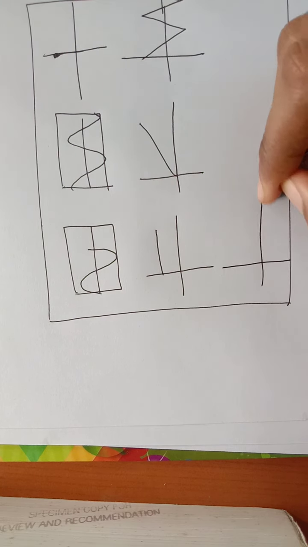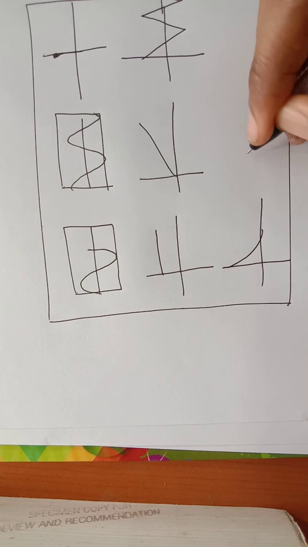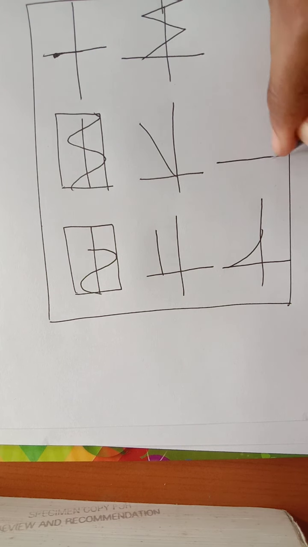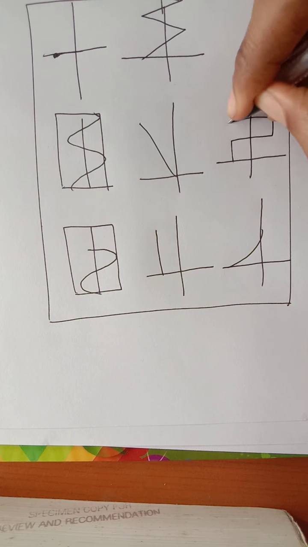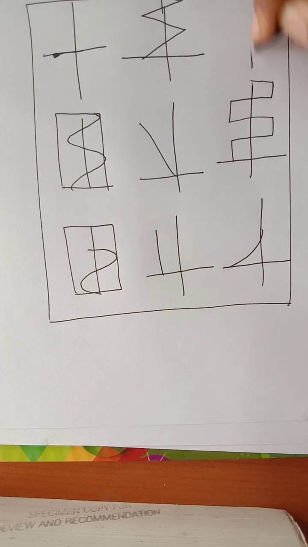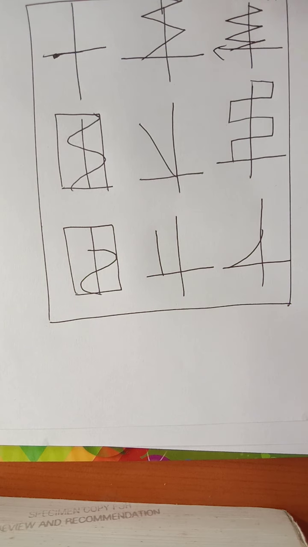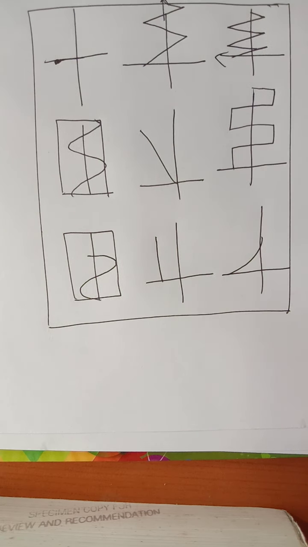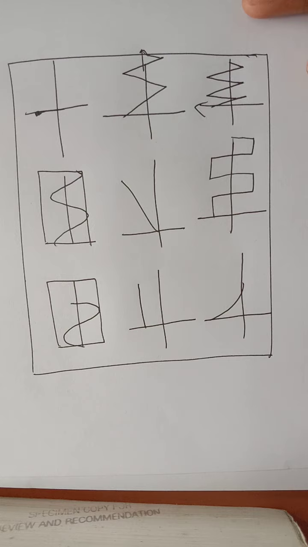Then the functions we have seen: an exponential, then a square function. You can also generate some others, such as a sawtooth. Now I want to generate all the functions in a single window.